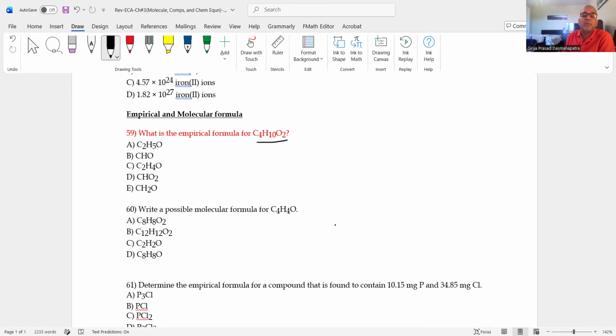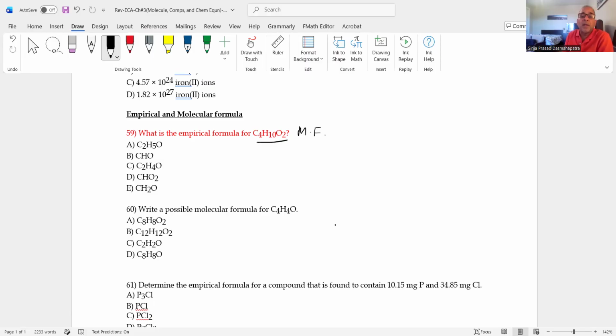What is the empirical formula of this? It means they indirectly told you this is a molecular formula. And you can justify yourself why it is a molecular formula. In this compound, they have carbon, hydrogen, and oxygen, 3 elements, and their numbers are 4, 10, and 2. Is there a common factor? Yes. Can it be simplified? Yes. So it is definitely a molecular formula.